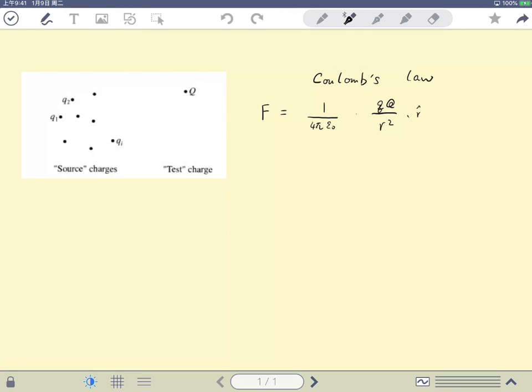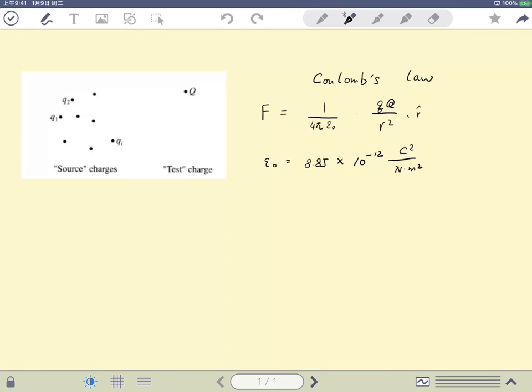In SI units, where force is in newtons, distance in meters, and charge in coulombs, epsilon 0 equals 8.85 times 10 to the minus 12 in this form. And also r is the distance between the source charge small q and the test charge capital Q.